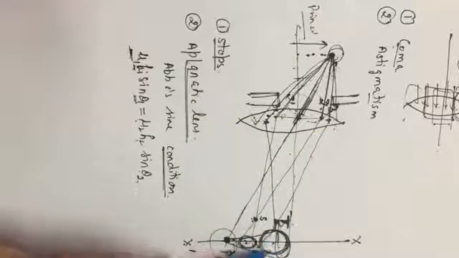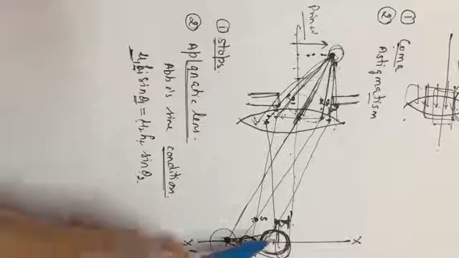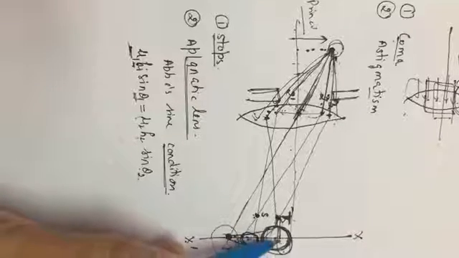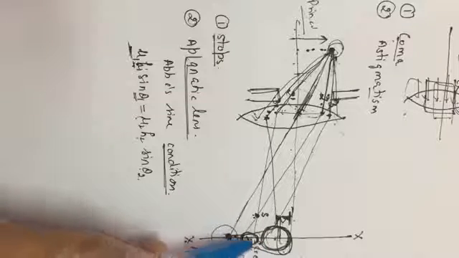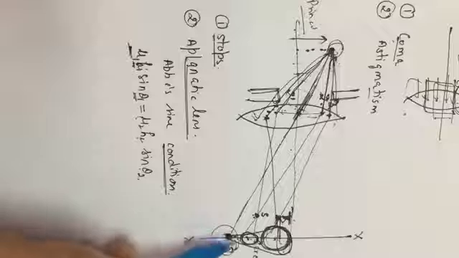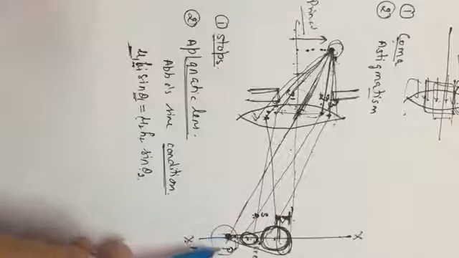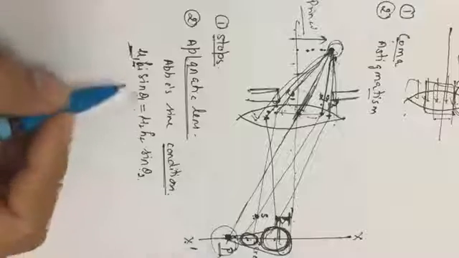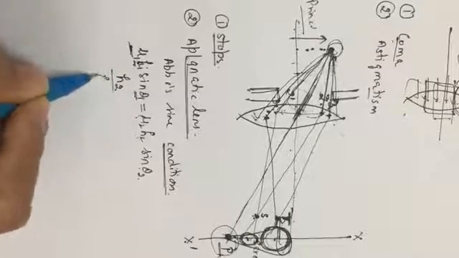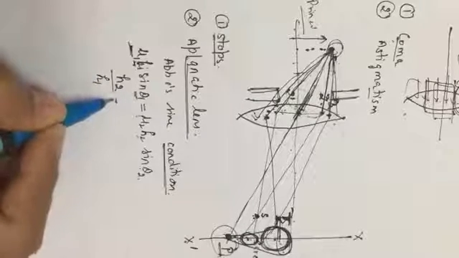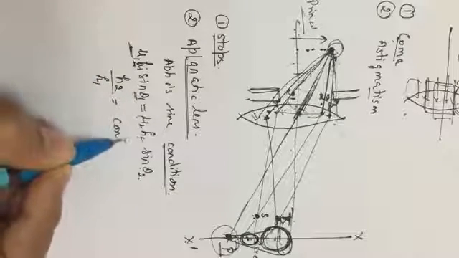If we change this magnification to a constant value, it means this circle is of the same size as that of this, and if the size of all these circles is the same, then we will get a single image or a point image. It means the magnification, that is the size of the image divided by the size of the object, should be constant.